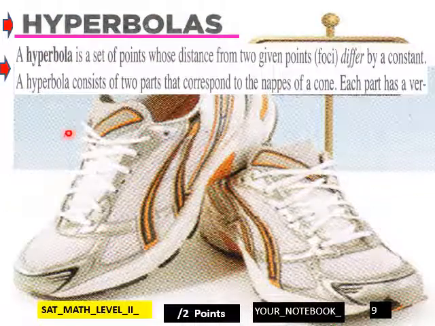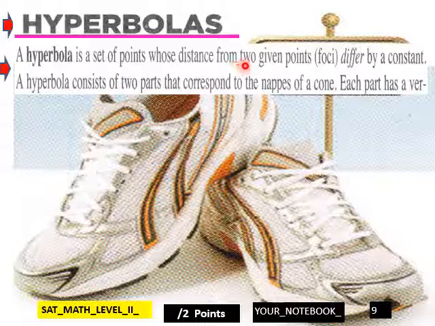Hyperbolas. A hyperbola is a set of points whose distances from two given points, the foci, differ by a constant. A hyperbola consists of two parts that correspond to the nappes of a cone.